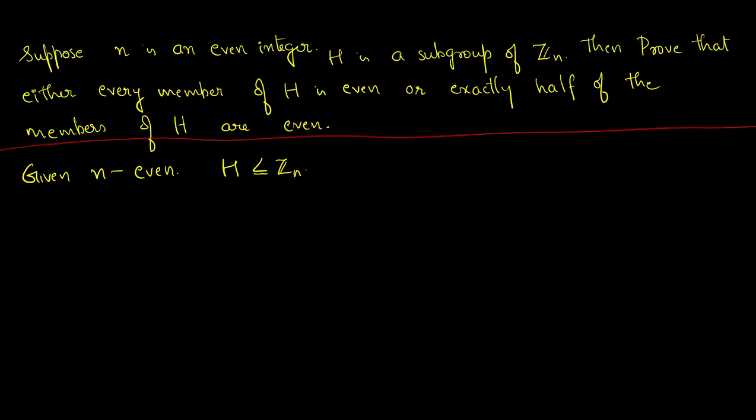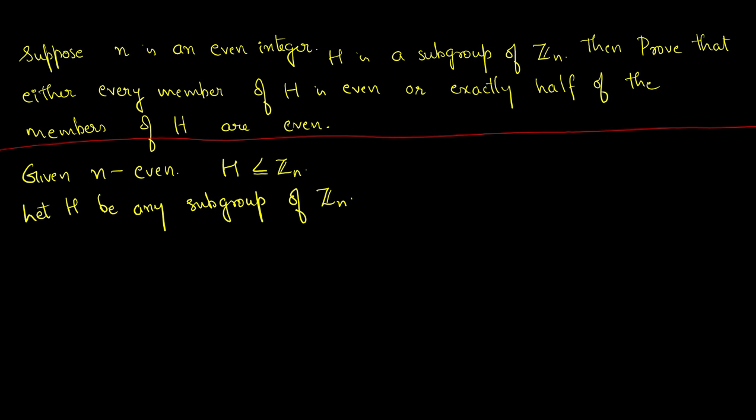So what are we saying? Either every member of H is even, or exactly half of them are even. So let H be any subgroup of Zn. We are taking an arbitrary subgroup.